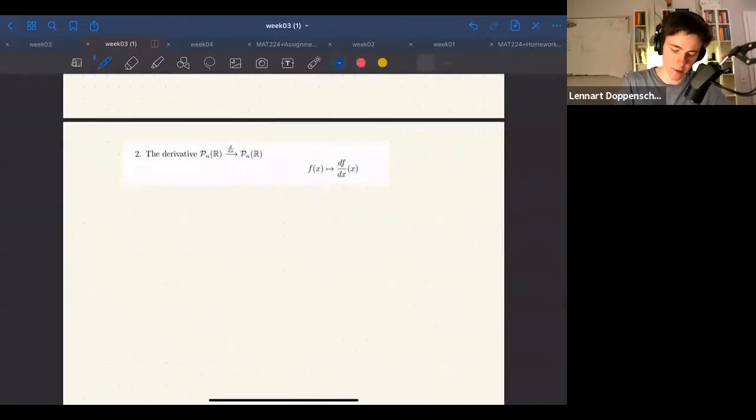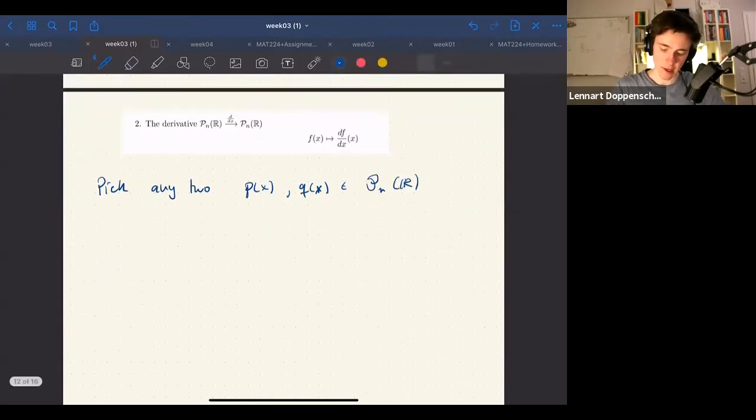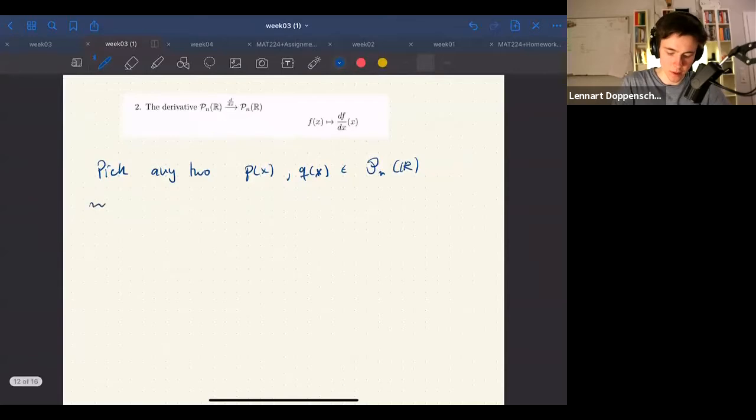So what Adrian said was we pick any 2 polynomials p of x, q of x in Pn of R, and then we're going to use the laws of the derivative.